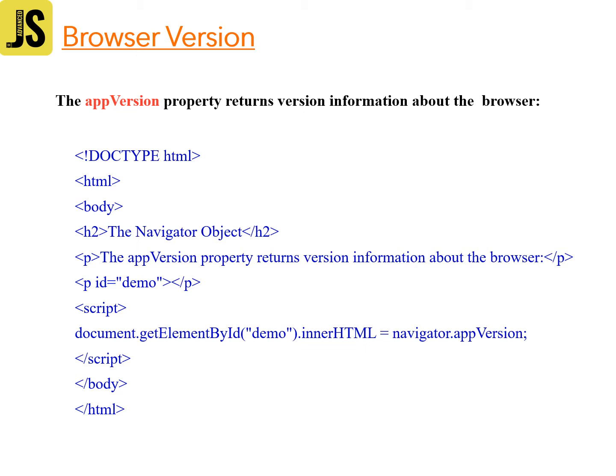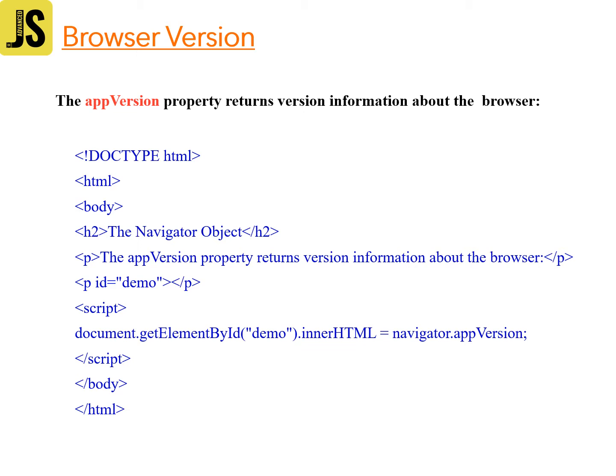Then comes the script tag. Inside the script tag, we have a statement: document.getElementById demo .innerHTML equals navigator.appVersion.